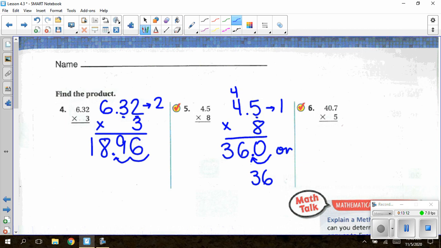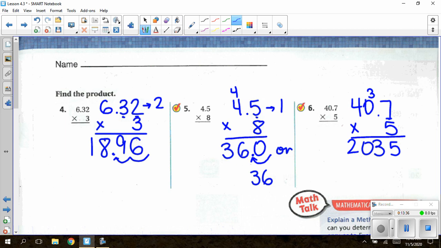On number 6, I have 40 7/10 times 5. Multiplying the 5 out, I have 5 times 7, which is 35. 5 times 0 is 0, plus 3 is 3. And 5 times 4 is 20. Now to place my decimal, I see that my top factor has 1 digit behind the decimal, so I need to have 1 decimal place value in my answer.